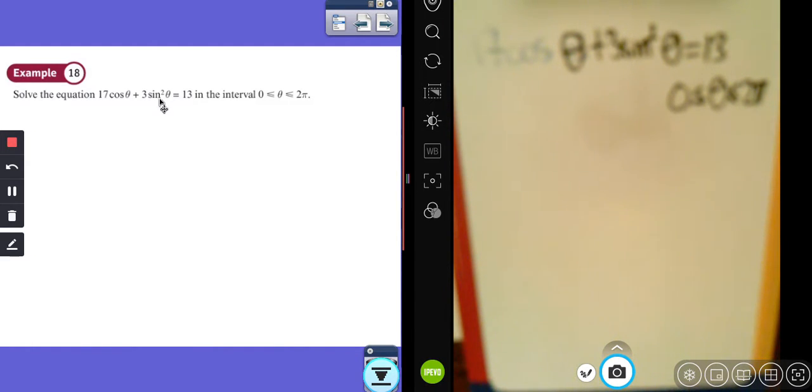It's going to be a disguised quadratic, but the problem is we've got sine squared and we've got cos, so we need to change this so that it becomes all involving cos squared, or cos. And we've got an identity from Year 12. We know that sine squared plus cos squared equals 1. So in other words, sine squared is 1 minus cos squared.